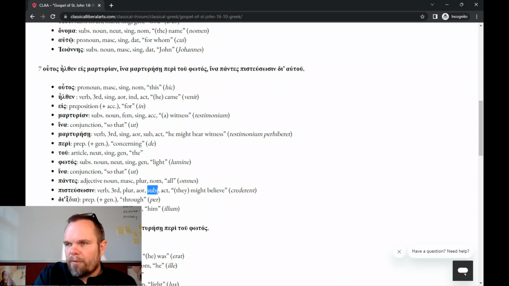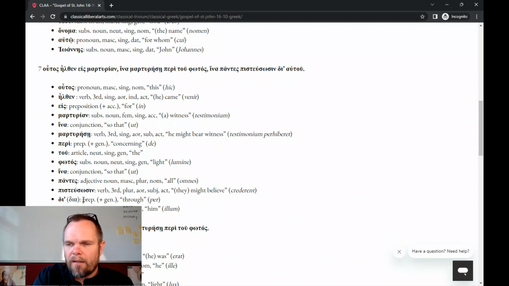And then we have another prepositional phrase, di autou. And notice in the parenthesis here I wrote that di with this apostrophe after it. This is not a breathing mark. This is an apostrophe. It's showing that the alpha at the end of the preposition dia has been dropped. And it's been dropped because the next word starts with alpha. So for the sake of euphony, they drop the alpha at the end of dia and simply read this prepositional phrase almost as one word, di autou, with that alpha dropped.